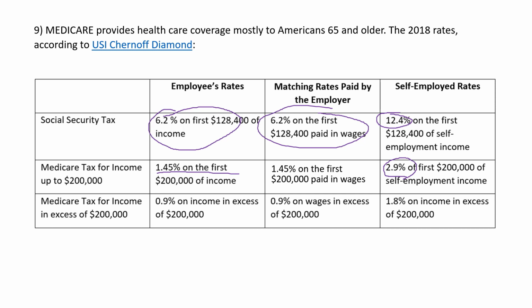For Medicare tax on income in excess of $200,000, the employee contributes 0.9% as well as the employer, and if you're self-employed, you do both. Keep in mind that these are the current rates. The marginal rates and the FICA tax tables in your textbook are several years old. Even so, use the old ones to solve the problems in MyLabs.